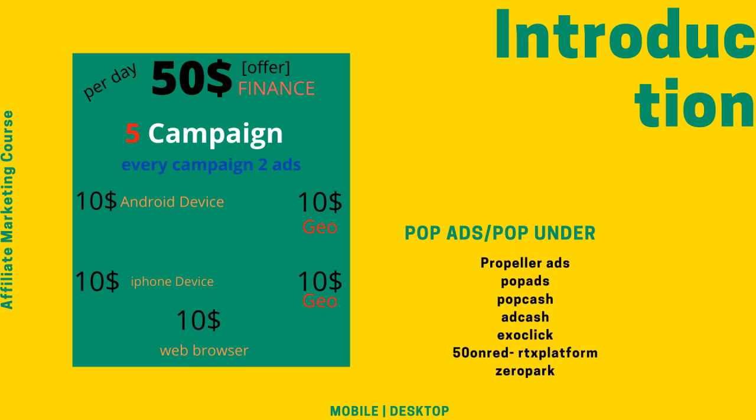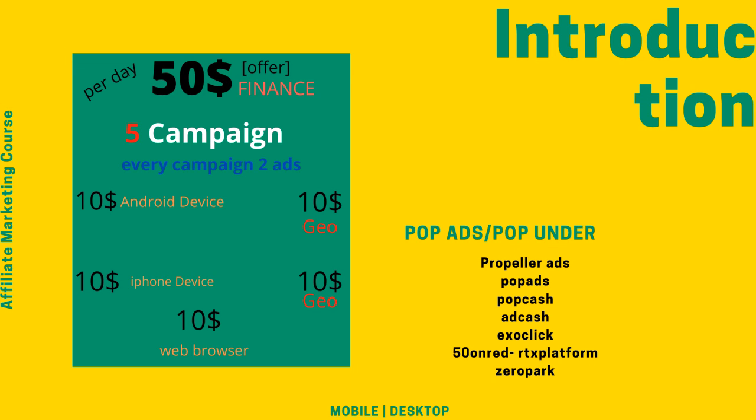And what happens is that by spending $50, I get an idea of how this offer, this affiliate campaign, would perform. And by creating 5 campaigns, the targeting in each and every campaign is different. For example, in campaign number 1, I would target Android devices.